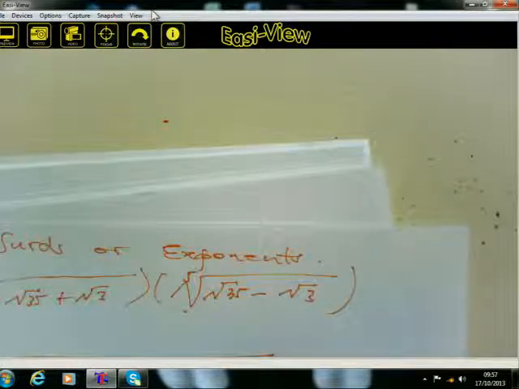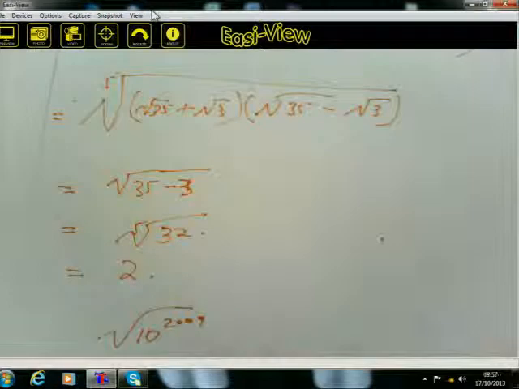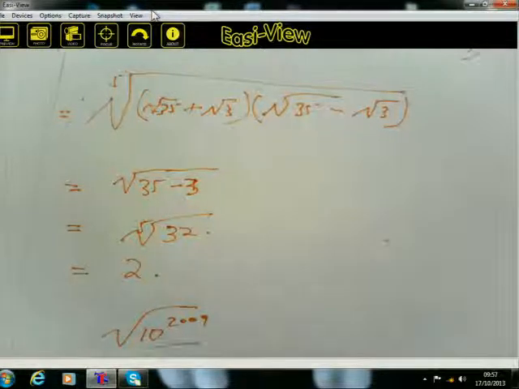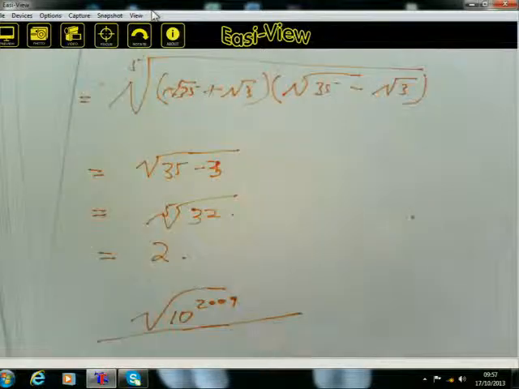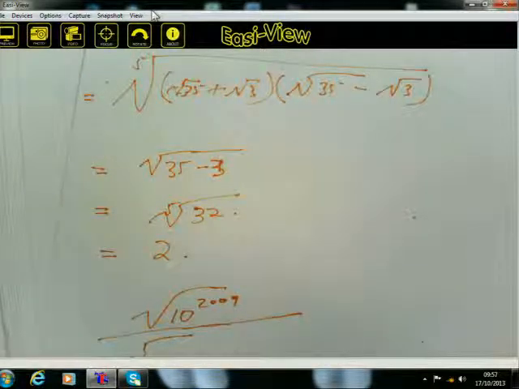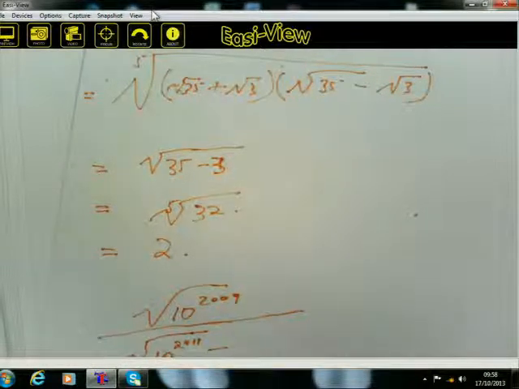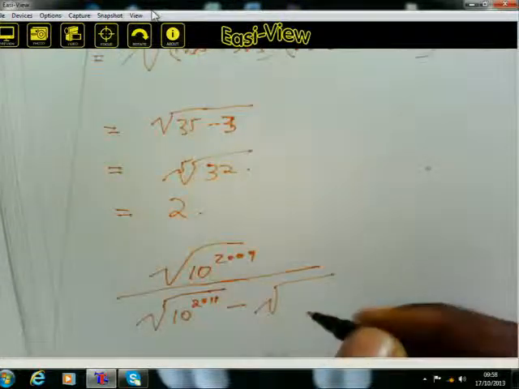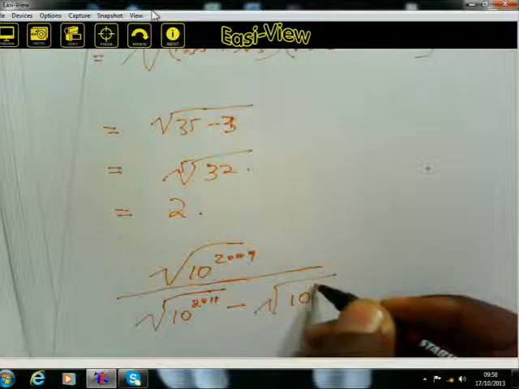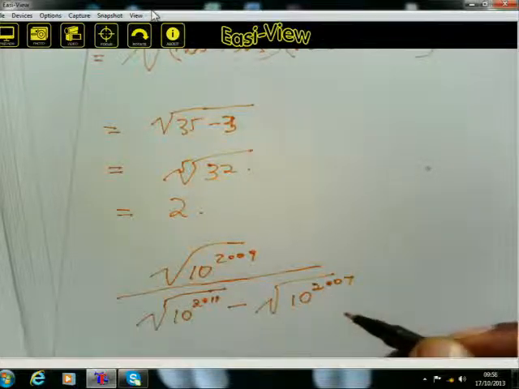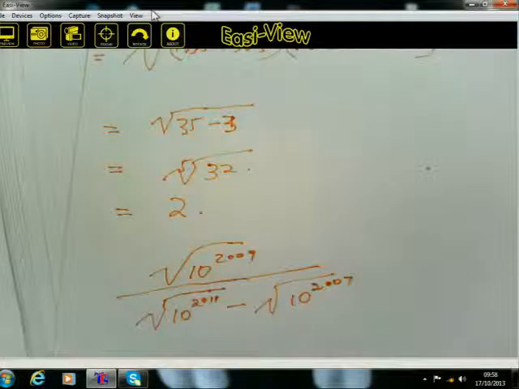The square root of 10 to the power of 2009 all over the square root of 10 to the power of 2011 minus the square root of 10 to the power of 2007. That is the other one that we must know.